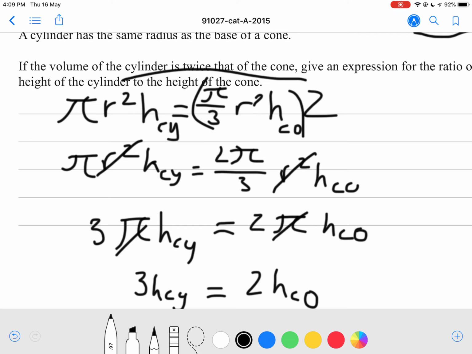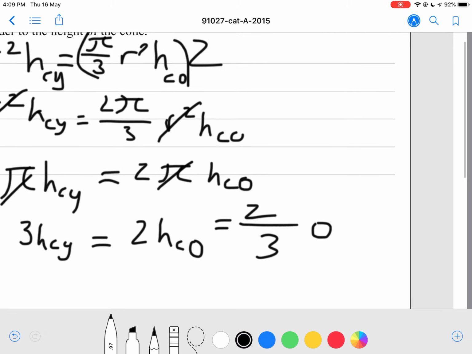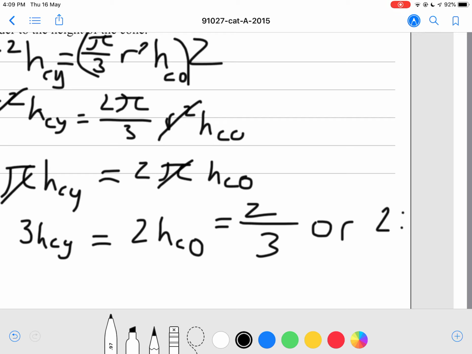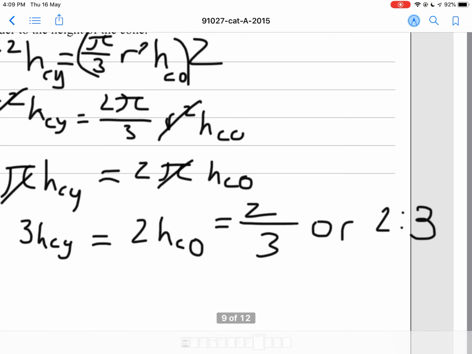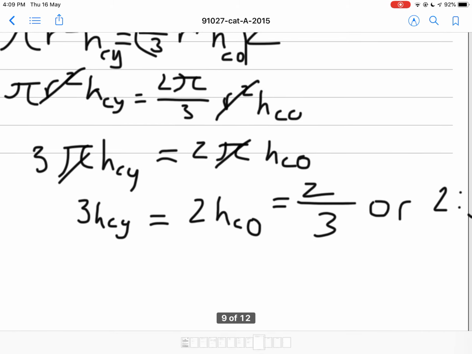So now the ratio of the height of the cylinder to the height of the cone would be 2/3, or you can write it as 2 to 3.